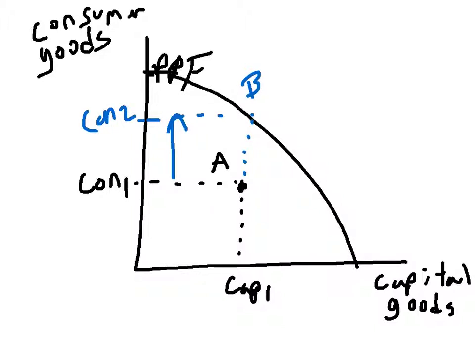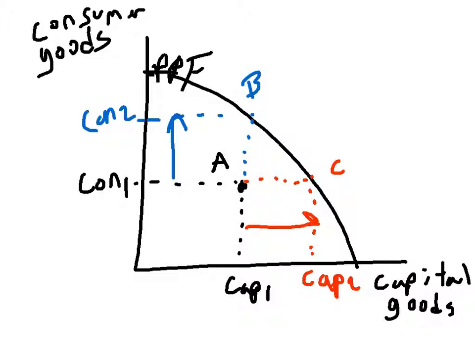Or what they could do is move to some point like point C, where they get the same amount of consumer goods, but an increase in capital goods to Cap 2. Okay?